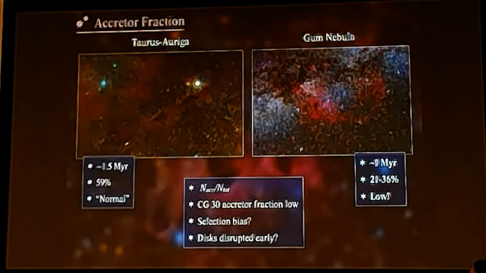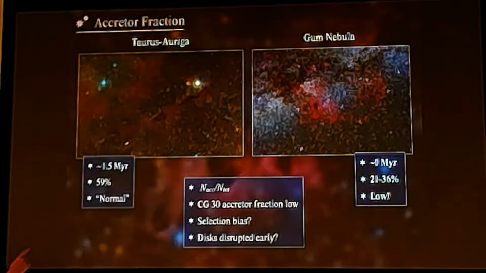So in a quiescent region that's just forming stars from a big molecular cloud, such as Taurus, pictured here, you're going to expect at about 1 million years an accretor fraction of about 50%, roughly. Half the stars there are accreting, the other half might still have disks, but might not be accreting anymore. What do we see in the CG30 group?